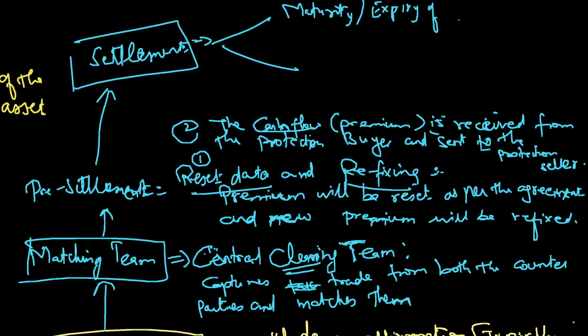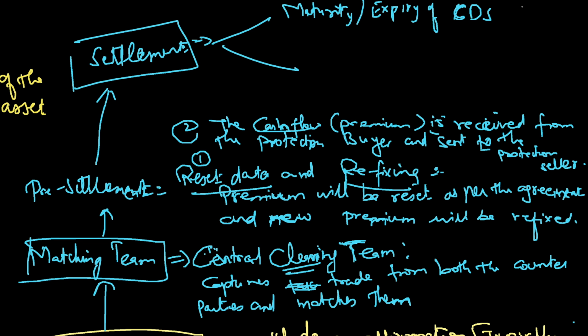So settlement, the last step, can happen in either of two ways. One is maturity, that is, expiry of the credit default swap.